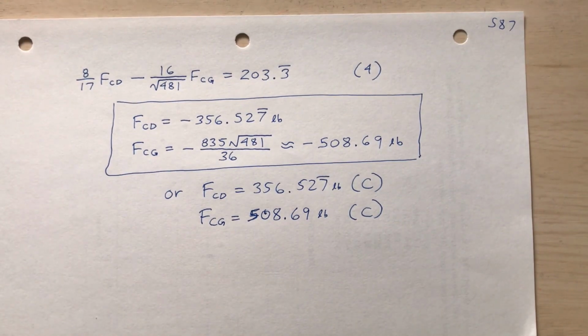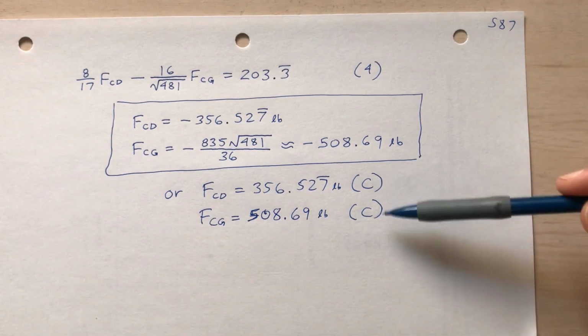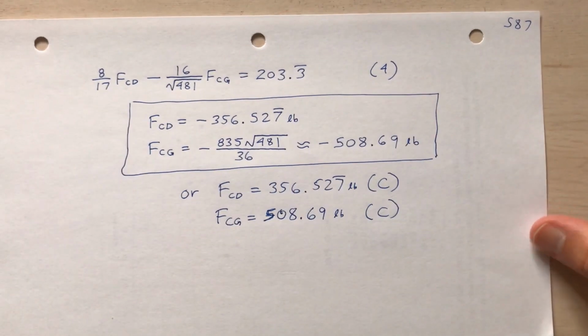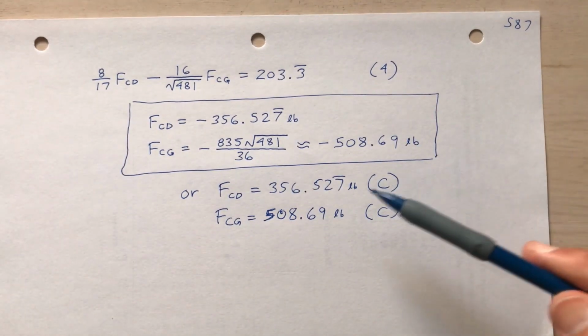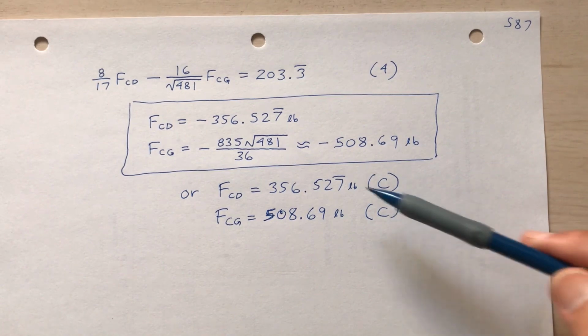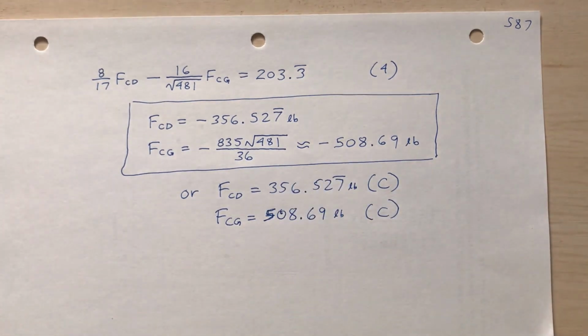Now solving two equations simultaneously, I get F sub CD is negative 356.527 pounds, F sub CG about negative 508.69 pounds. Or I can list it like this. Maybe I'm a little sloppy with the notation. If I list it as being compression, I don't show the negative sign in front of it.